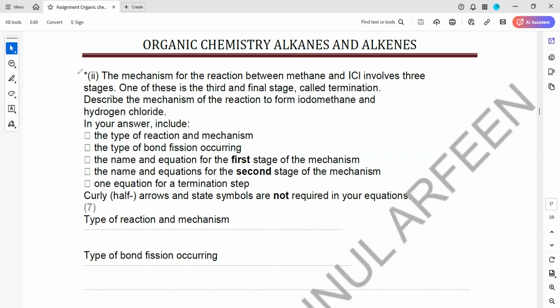Whenever you see a static question, it means they will check even the grammatical mistakes. The sentence should be grammatically correct, and it should be a structured answer rather than you just mentioning things. So in your answer include the type and the mechanism.